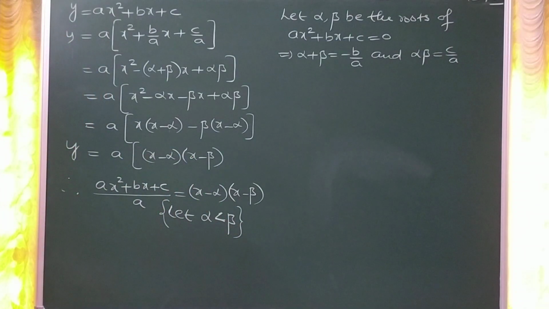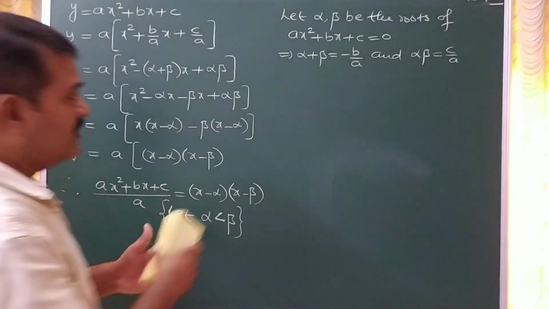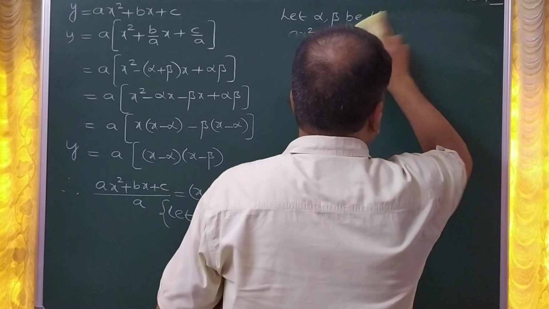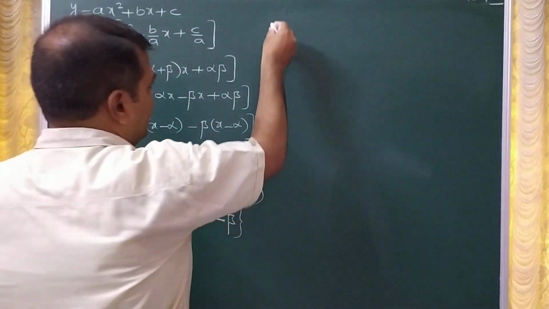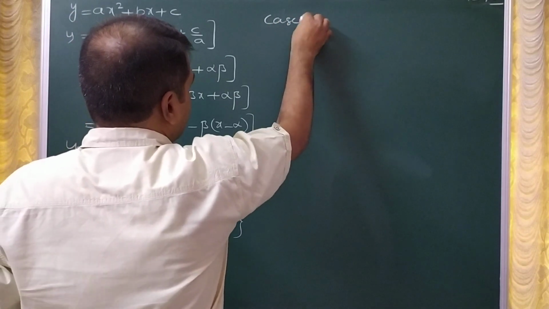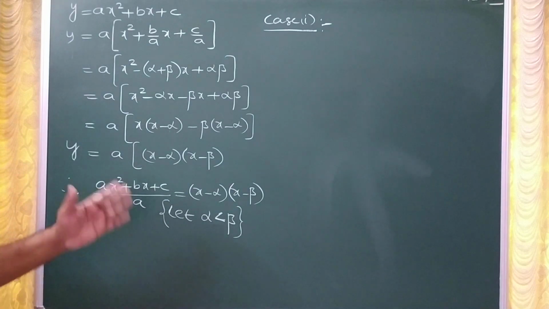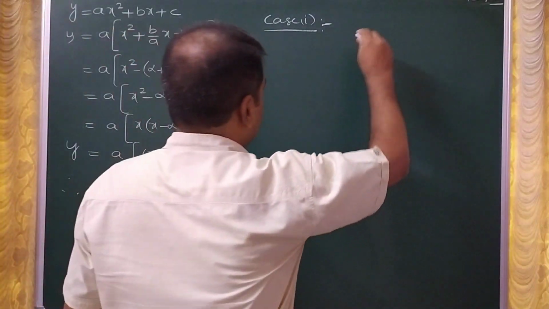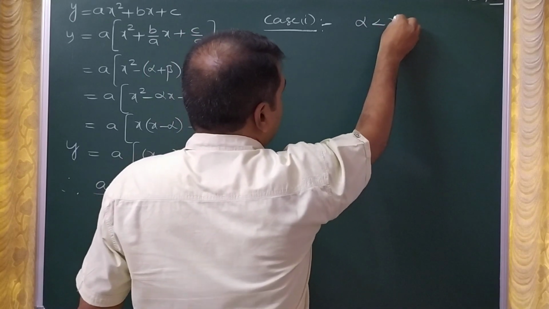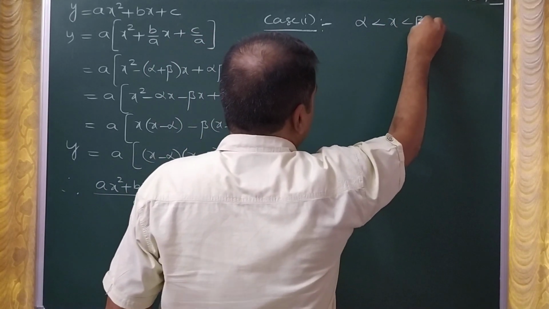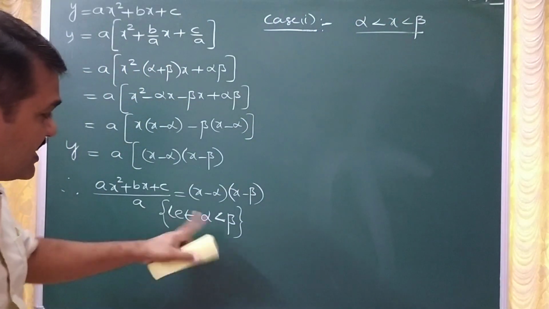I will take two cases here. In the first case, we will check the sign of the quadratic expression for any x value which lies between the roots alpha and beta.